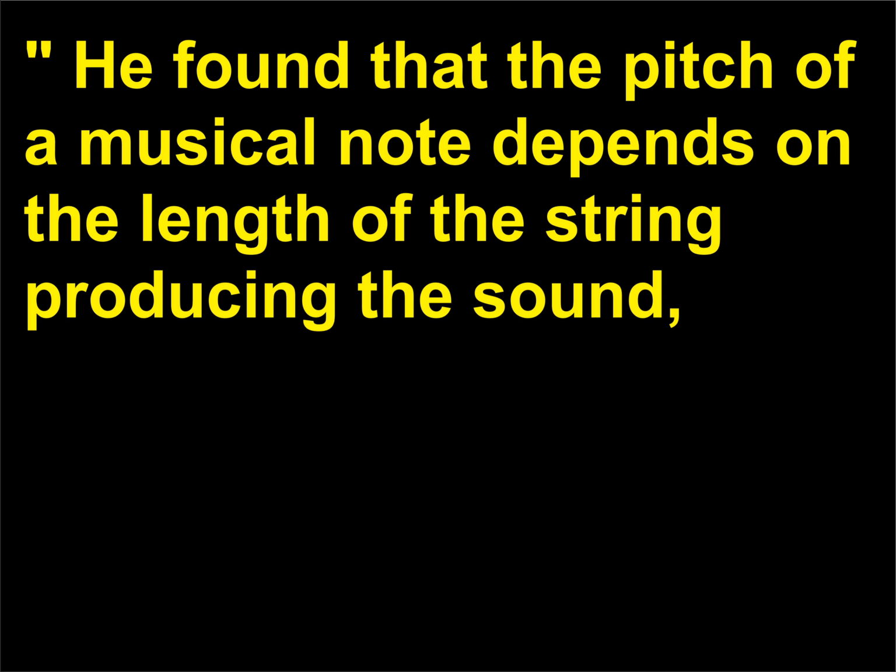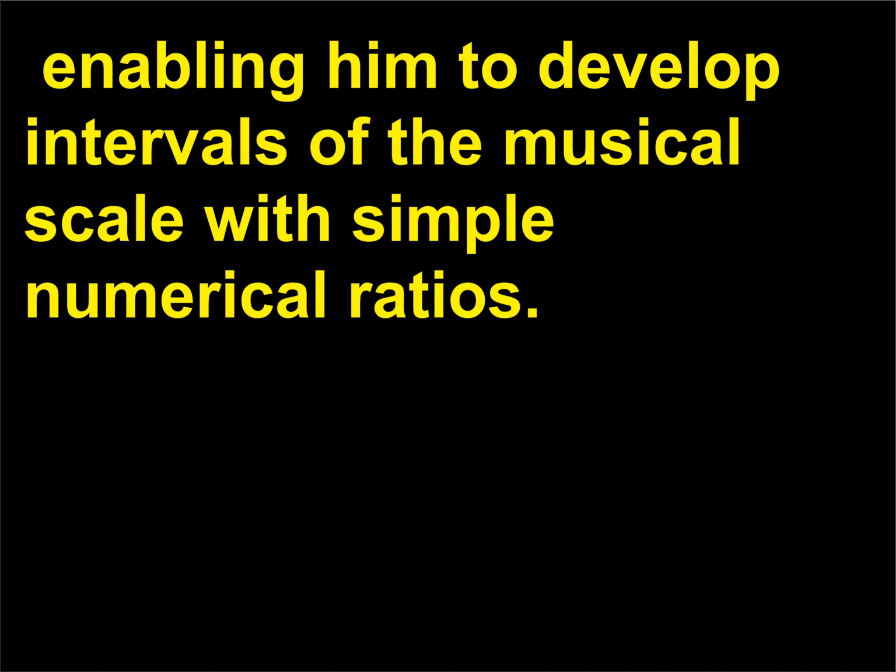He found that the pitch of a musical note depends on the length of the string producing the sound, enabling him to develop intervals of the musical scale with simple numerical ratios.